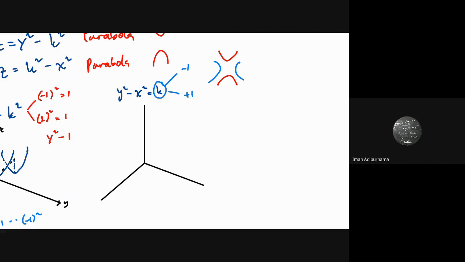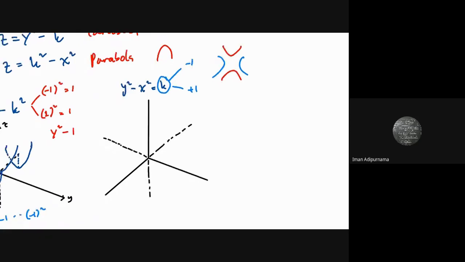So let me make the first one. So at -1, it will be maybe down here. Maybe this is 1 and -1 to make it easy to see. Maybe that is the hyperbola.